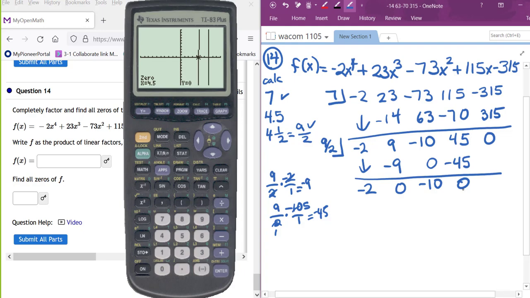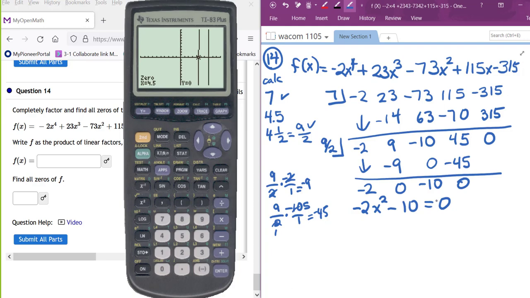And now we have a quadratic. We've gone down 2 levels. So we have negative 2 x squared minus 10 equals 0, because this would have been the plain x term. I would solve this one with the square root method instead of going to quadratic formula because you don't have a plain x. So add your 10, divide by negative 2, and now take your square root method.